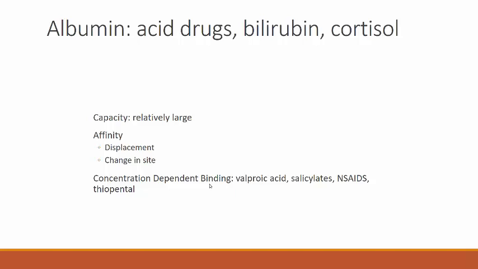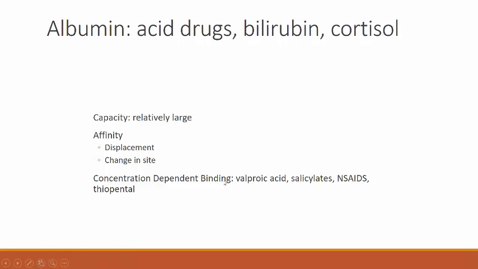And this can happen in the therapeutic range with drugs like valproic acid, which is an anti-seizure medication. It's also used for other neurologic diseases. Salicylates like aspirin, nonsteroidals, you guys know those. Thiopental, which is a drug used for anesthesia and also pain relief in some cases. But you can see concentration-dependent binding.